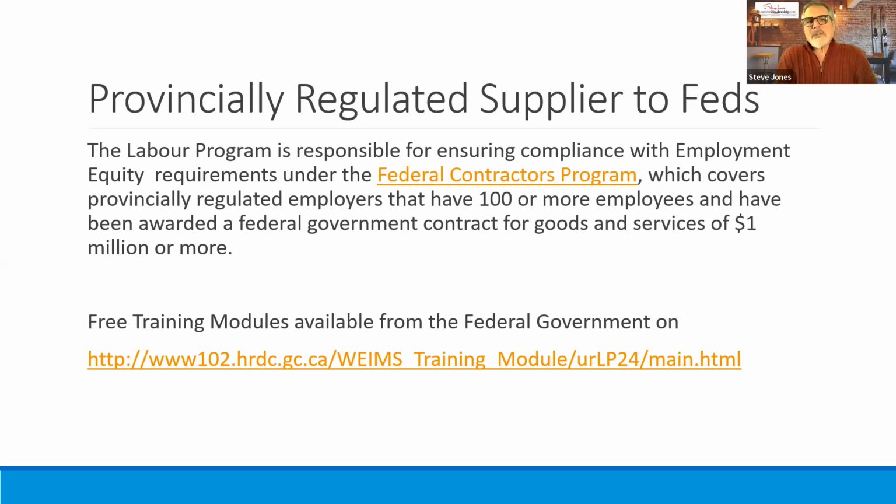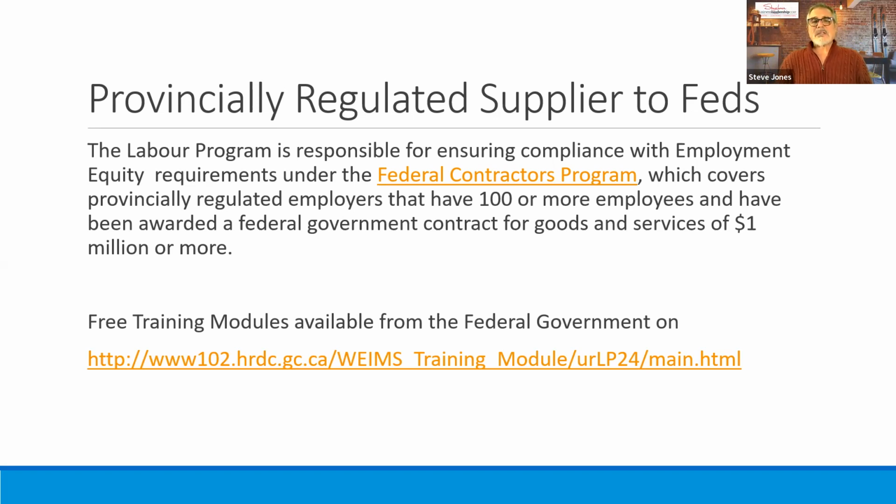So provincially regulated companies, us, are not required to adhere to federal employment equity programs, but we are kind of, sort of, maybe. There's a thing called the Federal Contractors Program.